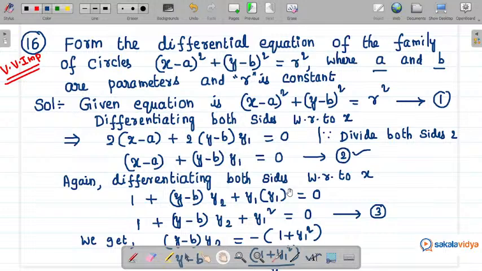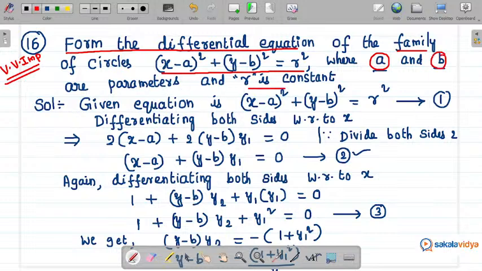Form the differential equation of the family of circles (x minus a) whole square plus (y minus b) whole square is equal to r square, where a, b are parameters and r is constant. So the given equation is (x minus a) whole square plus (y minus b) whole square equals r square, say equation 1.